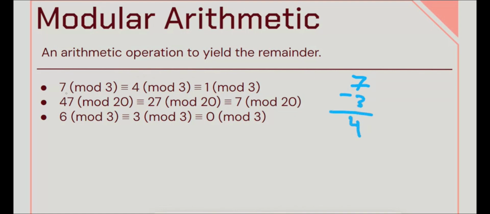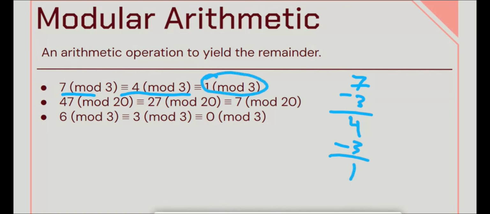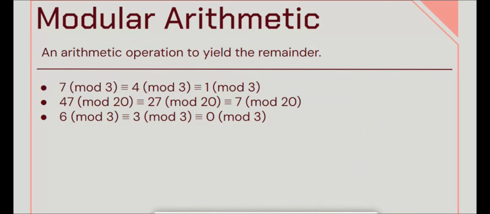That becomes 4 mod 3, so these are congruent to each other. But now we can remove another 3 from 4, and that gives us 1. And 1 mod 3 is also congruent to 7 mod 3 and 4 mod 3. But we cannot remove another 3 from 1, which means that 1 is the remainder here.